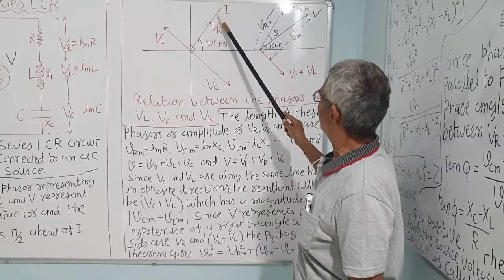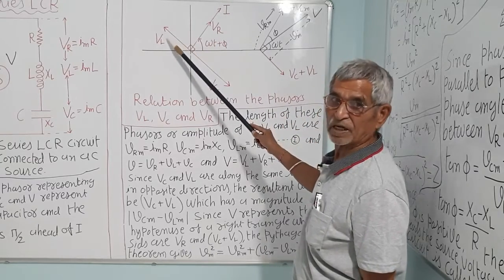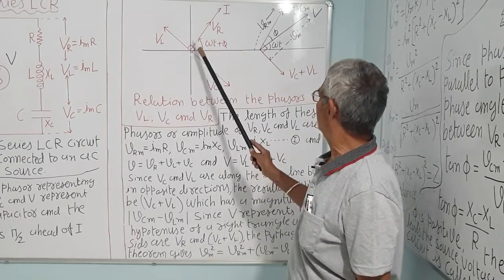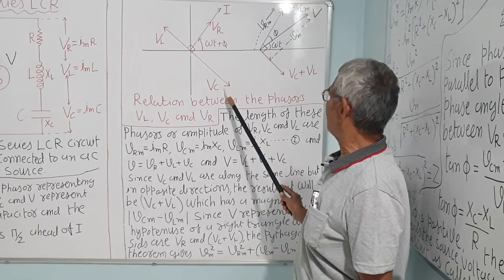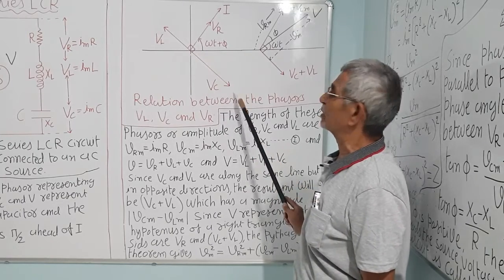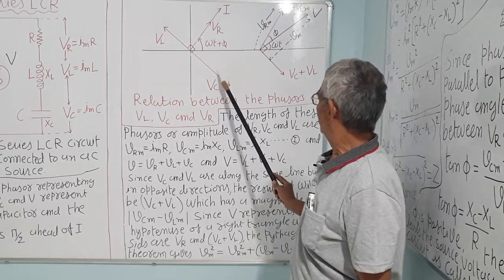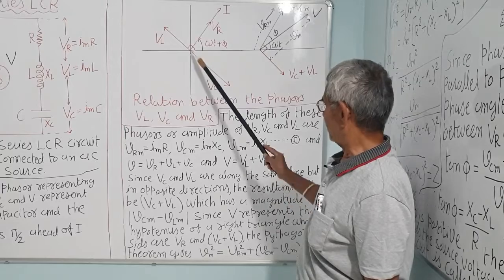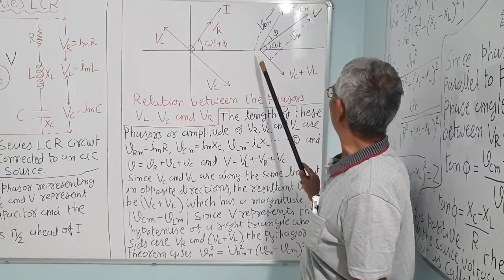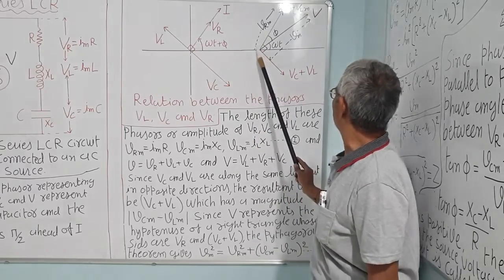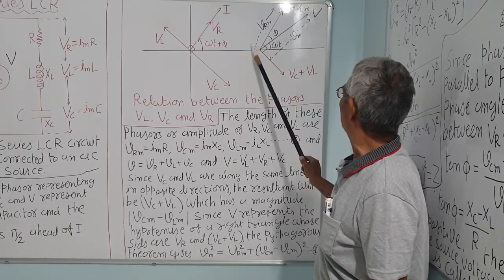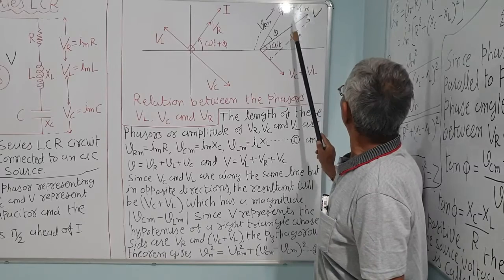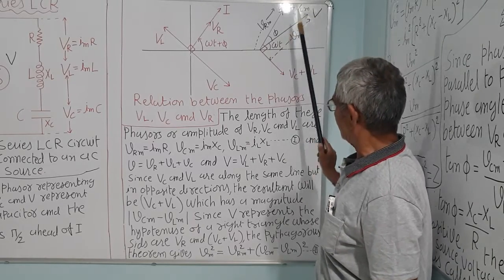In the case of the capacitor, the voltage is lagging behind the current. So VL and VC are in exactly opposite directions. This is the resultant, VC plus VL, whose magnitude is VCM minus VLM.